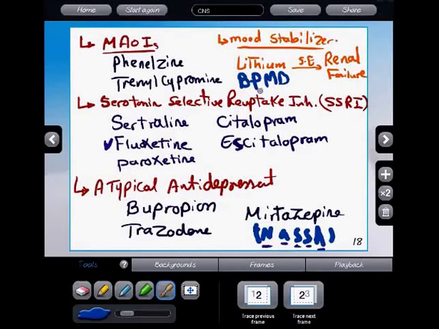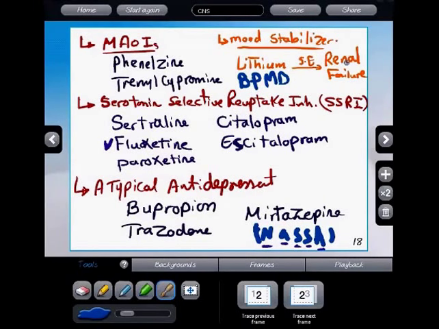Its side effect is that it can lead to renal failure, and this is a fatal, very bad side effect. So lithium should be given in hospital, and the kidney function should be monitored while giving lithium, because you know, guys, that lithium is in the same column of the periodic table as potassium and sodium, and the renal tubule has a competition in potassium and sodium excretion and reabsorption.